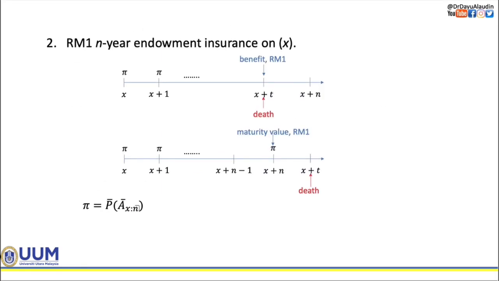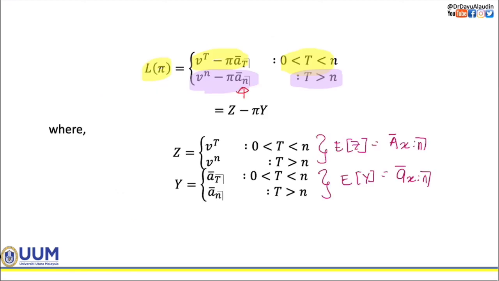Now we look at the second type of insurance, which is endowment insurance. For endowment insurance, as you know, we have two types of benefit, whether death benefit or survival benefit. And this is the notation for endowment premium. This is the present value for the insurance, remember Z, and Y is for the annuity.